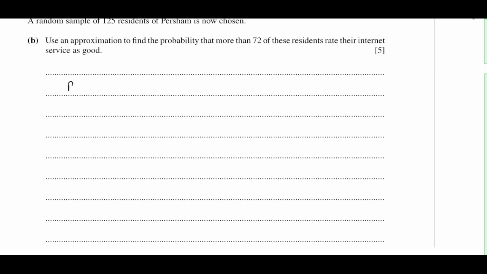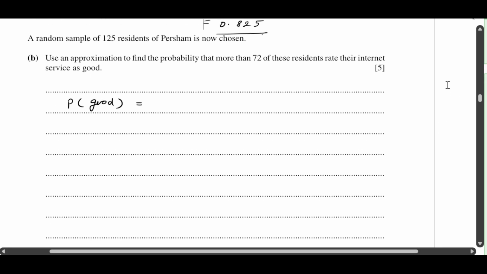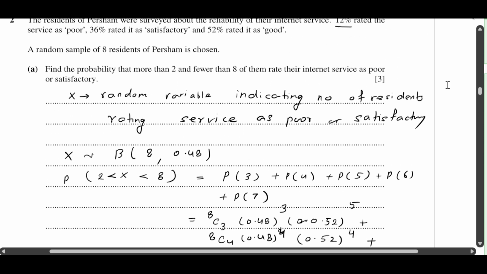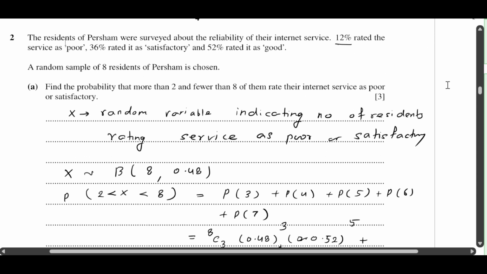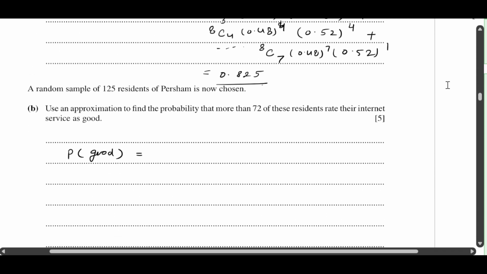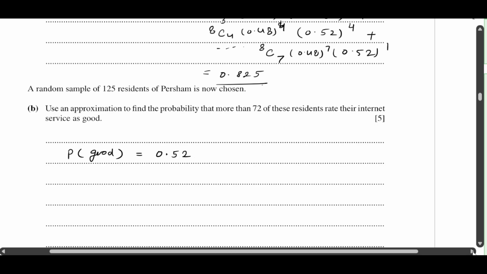If we see the problem, the probability of rating the service as good is given as 0.52, 52%. Now a random sample of 125 residents is there.